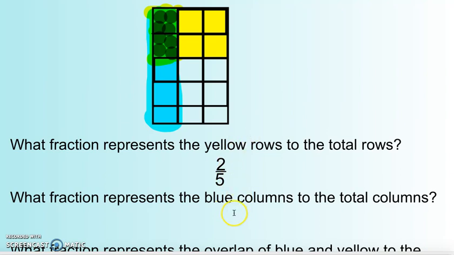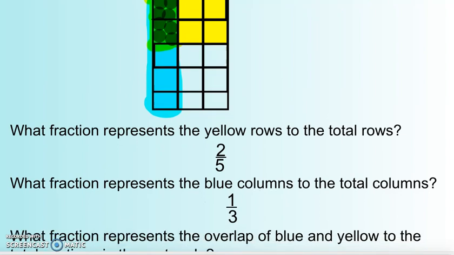And how many total columns are there? Yes, there are 3. 3 total columns. So here's 1, here's 2, here's 3. Okay, so our fraction that represents how many columns are shaded blue is 1/3, or 1 out of 3.